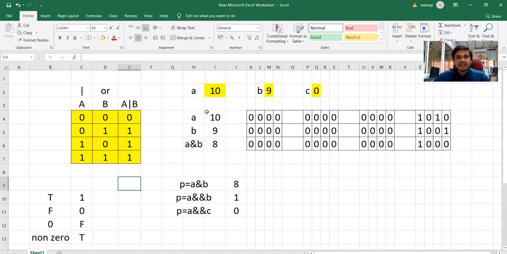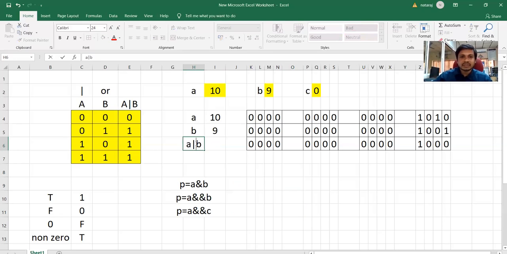Now for the same values 10 and 9, we will see the result. So A or B. 0 or 0 is 0. 1 or 1 is 1. 0 or 0 is 0. 1 or 0 is 1. 0 or 1 is also 1.